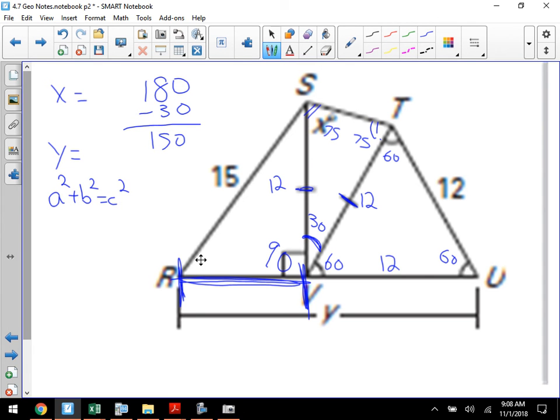Which of those 3 side lengths is the hypotenuse, the C value? The 15. Good. So it's something squared plus 12 squared is 15 squared. So press some buttons on the calculator: 15 squared, subtract the 12 squared, and I believe you should get a squared equal to 81, which means that value is how much? What's 9 plus 12?